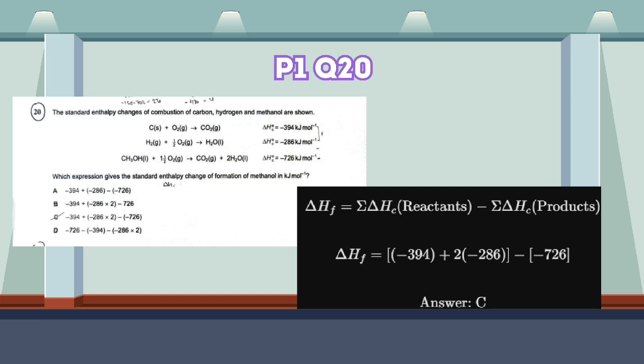So the answer is C. Why is the minus 286 times 2? Because in the equation the coefficient is 2.